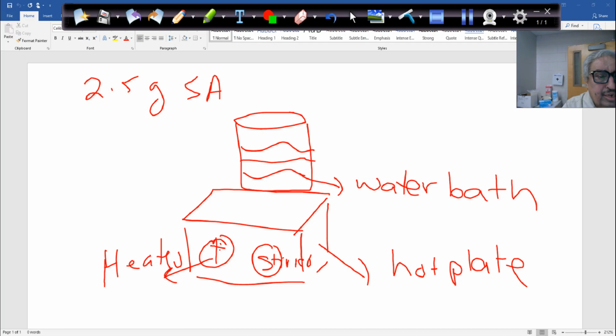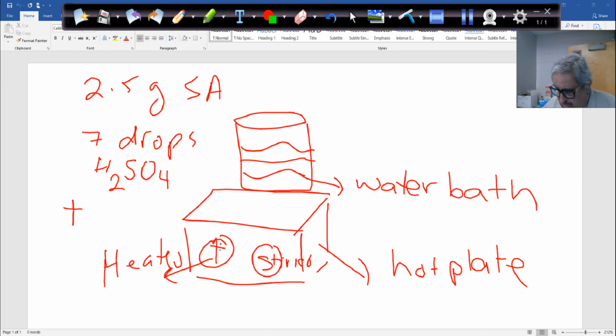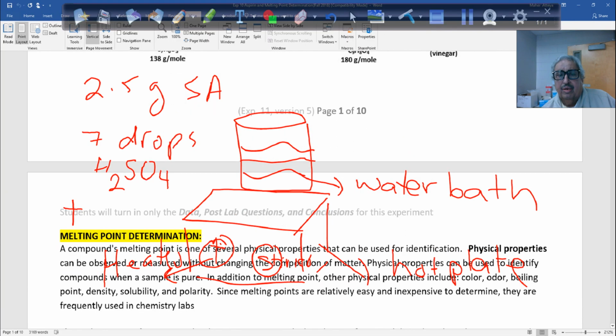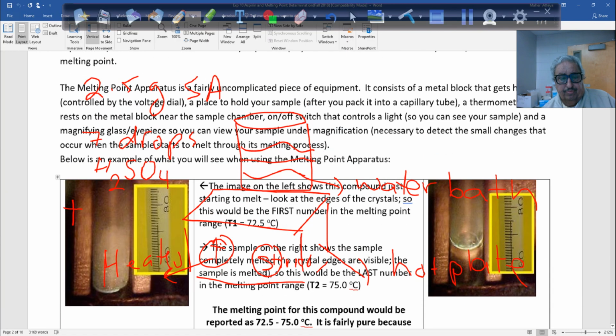You will add to it 7 drops of sulfuric acid, and you will add to it, let me just double check for you, the amount of acetic anhydride.